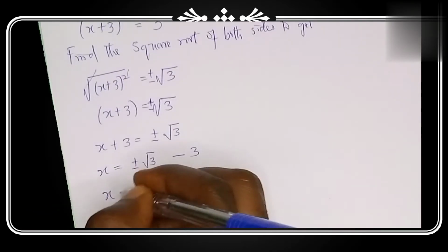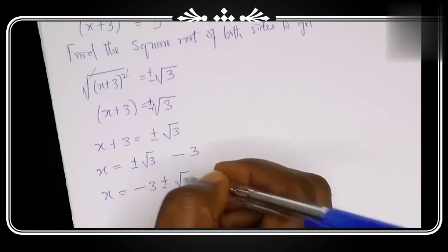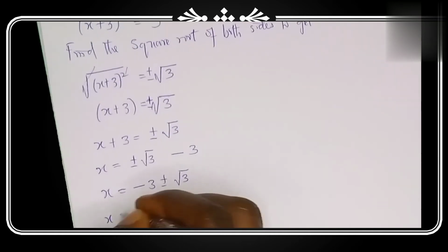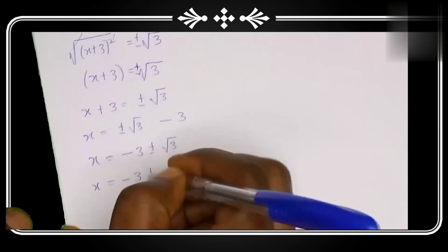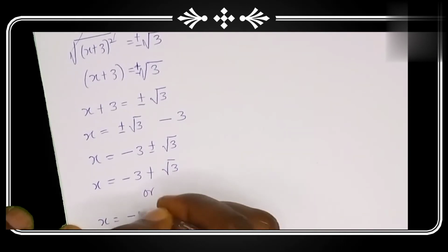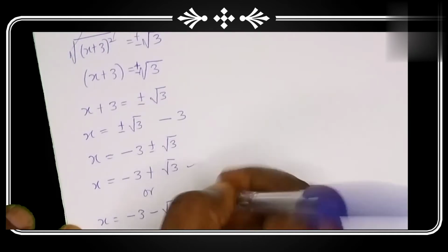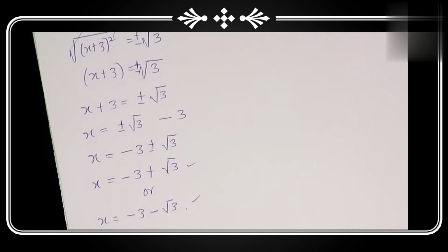When we pick this 3 to the other side, now we have x, if we rearrange it, minus 3 plus or minus root 3. If you use your calculator, you can get it as minus 3 plus root 3, or x is equal to minus 3 minus root 3. These two will be the values for x. That is simply how to solve by completing the square.